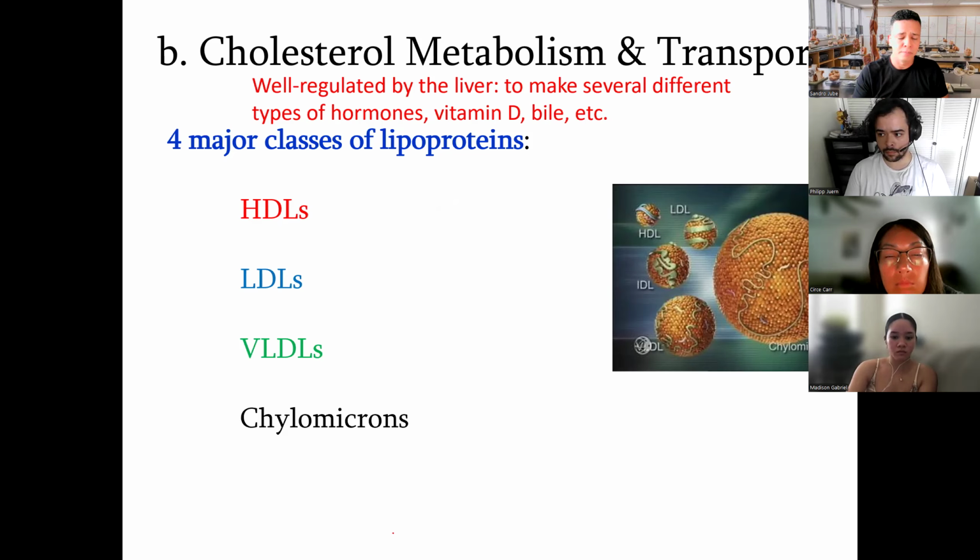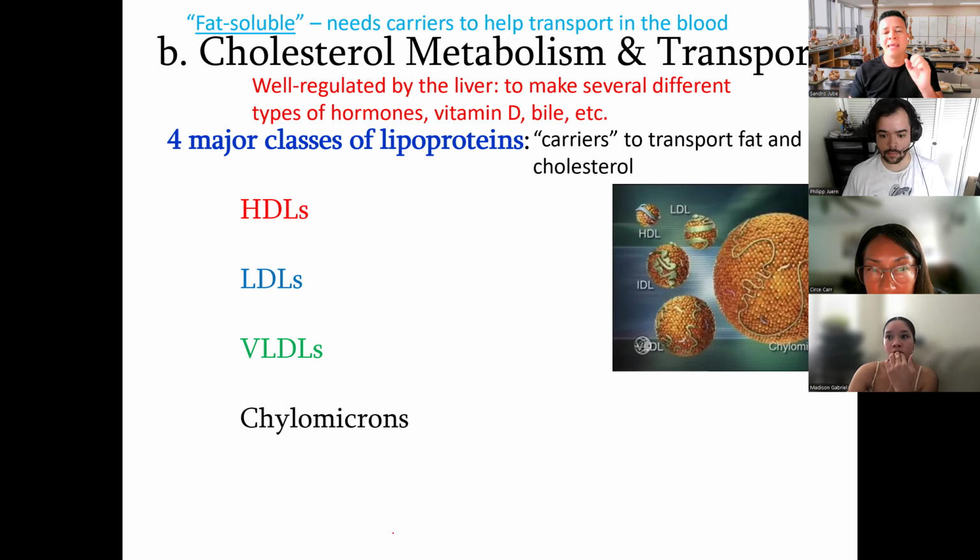Now, here's the deal though. Cholesterol is a fat, and because it is a fat, it's not soluble in water. It doesn't dissolve in water. So the body has a problem transporting cholesterol and other fats in our blood, because again, they do not dissolve in water. To solve the problem, we have something called lipoproteins.